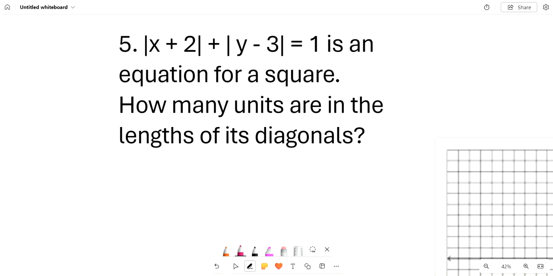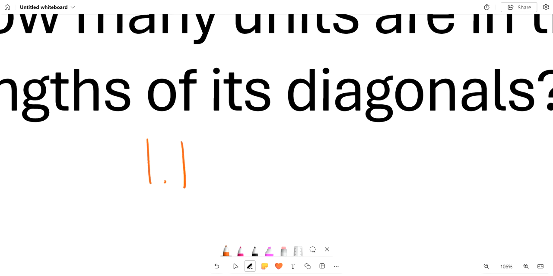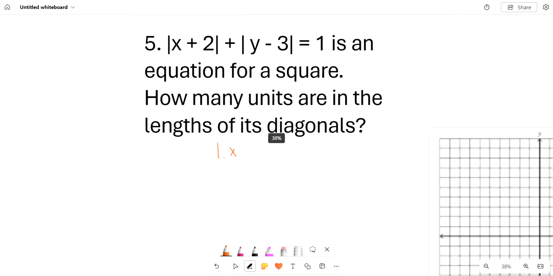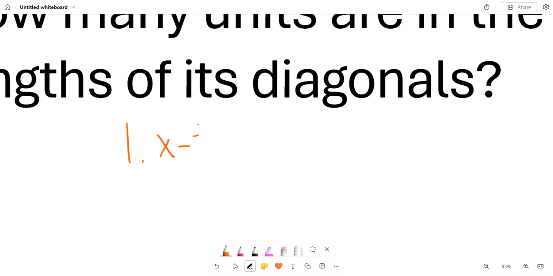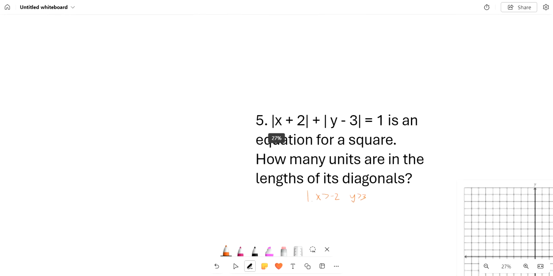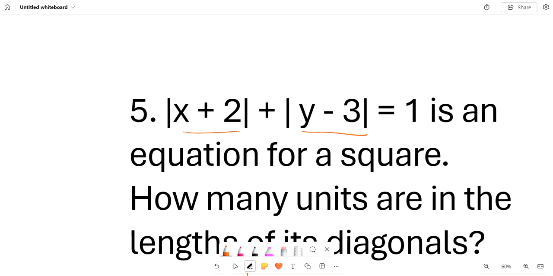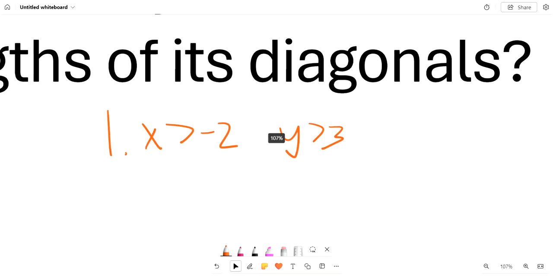And so we first start off by saying that x is greater than minus 2 and y is greater than 3, because we want these two expressions to be positive, then one of them to be negative, then the other to be negative, then both of them to be negative for 4 cases.